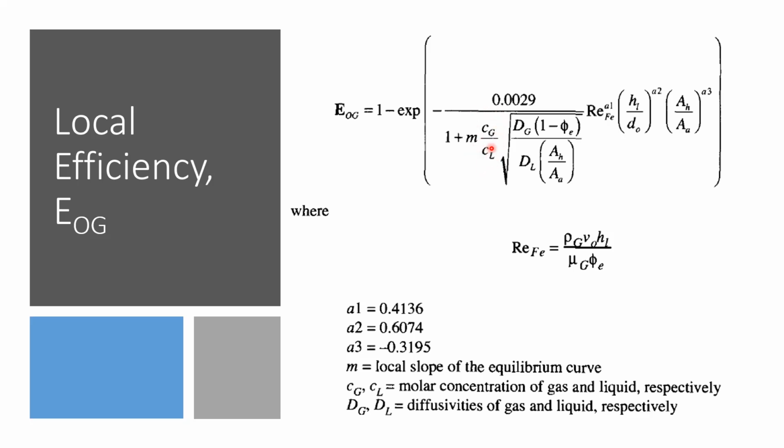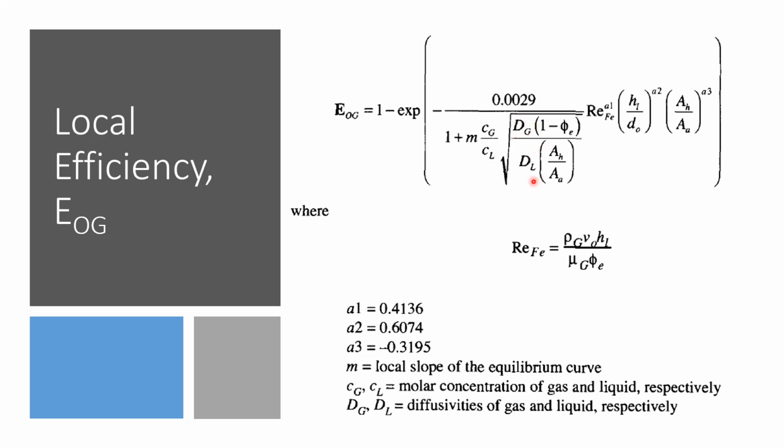In general, concentration values can be calculated using density over molecular weight, so the density of the gas over the density of the liquid. Because the system is a diluted system, we can assume that the change in concentration of the gas phase and of the liquid phase will be very small, and therefore we can neglect it. So we can calculate the concentration of the gas and the concentration of the liquid stream at the bottom of the column, and that's going to be enough for every single tray.